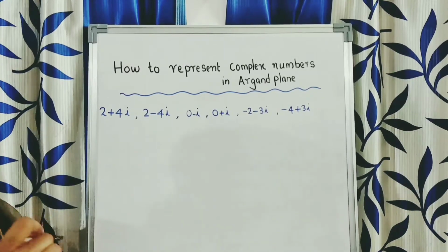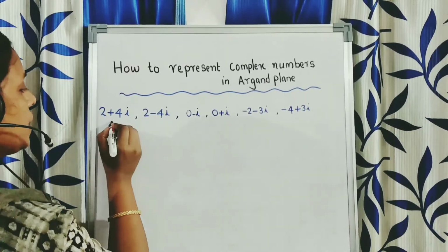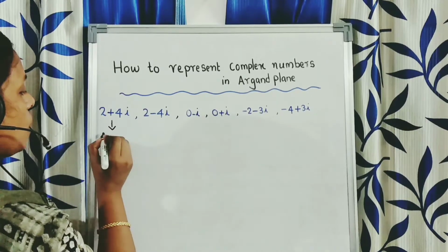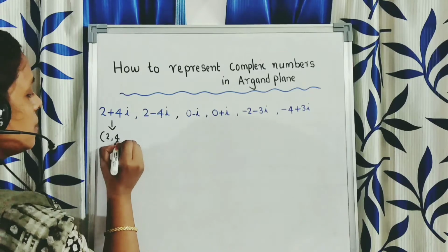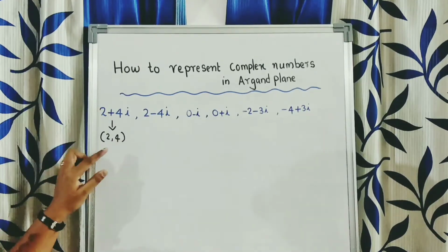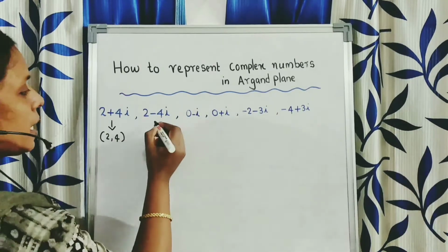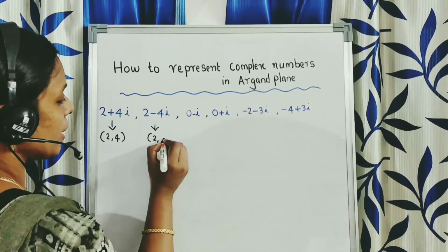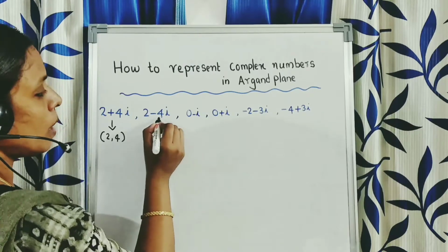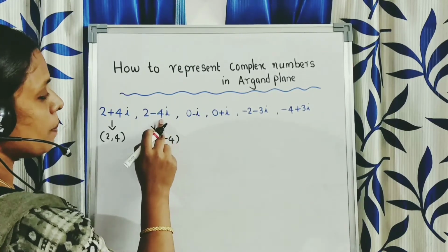The corresponding ordered pairs of each number are: first, 2 plus 4i is represented as the ordered pair 2, 4. Next, 2 minus 4i is 2 comma minus 4, since the imaginary part is minus 4.